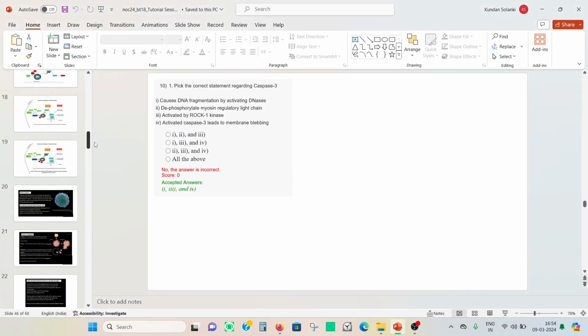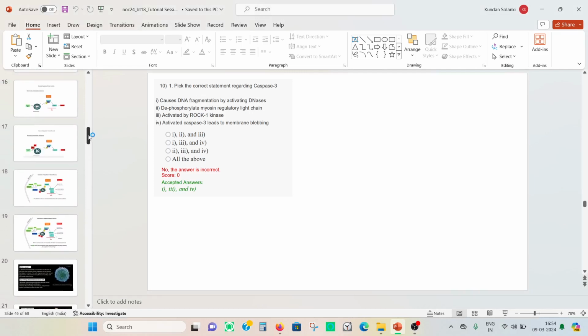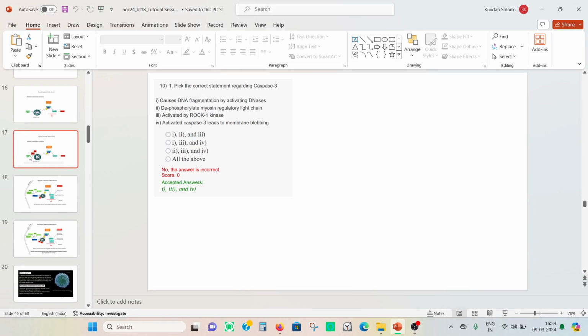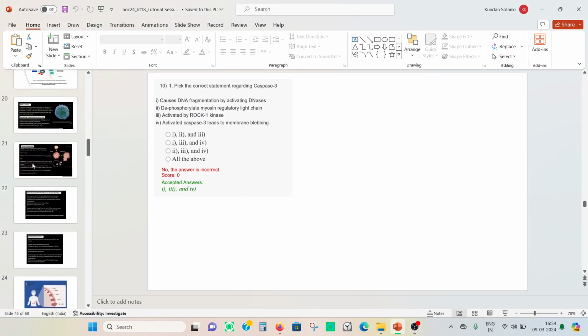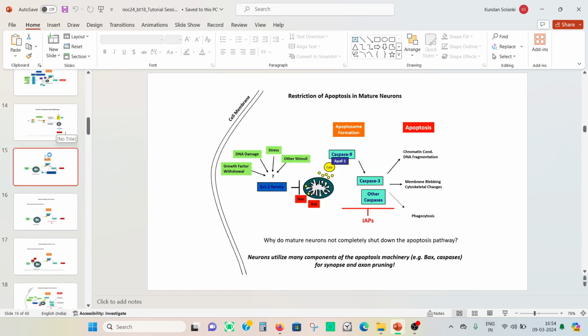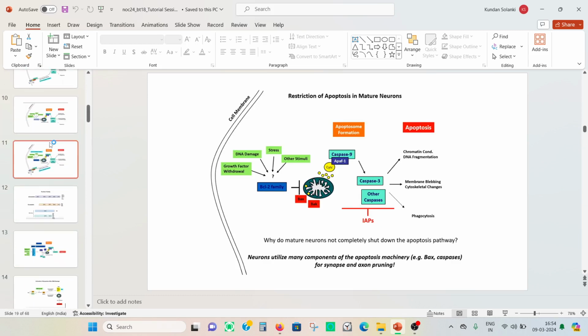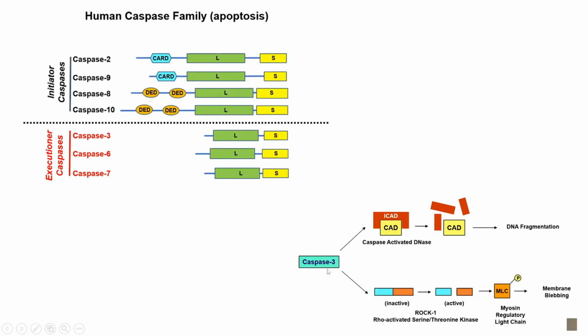So this mechanism we discussed, and I will again show you how this mechanism works, if you remember, how caspase 3 is activating the apoptosis. By this mechanism, caspase 3 will lead to the degradation of ICAD and release the caspase-activated DNase, and it will lead to DNA fragmentation.